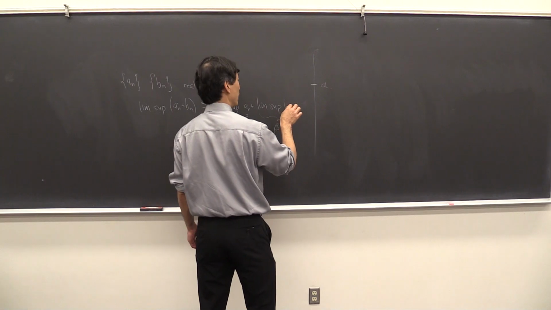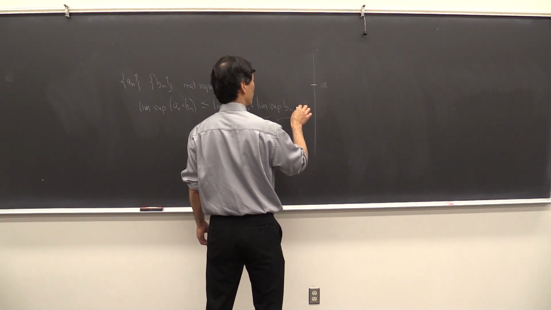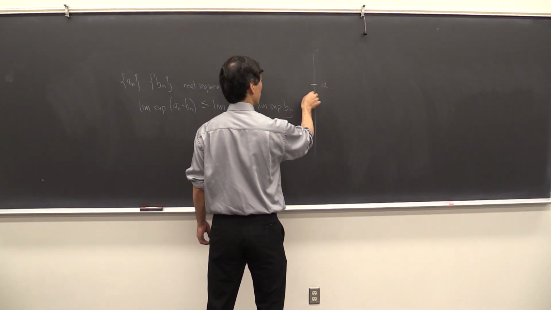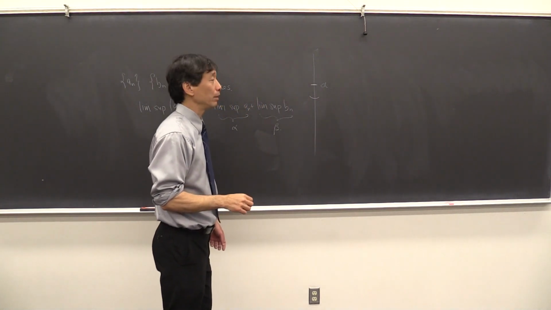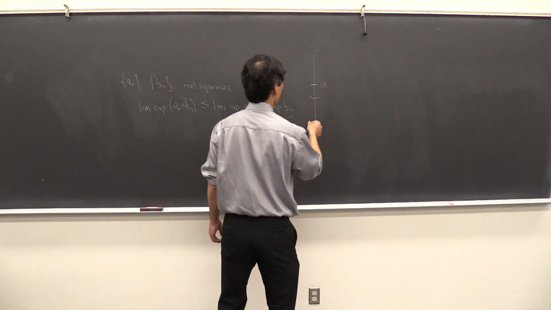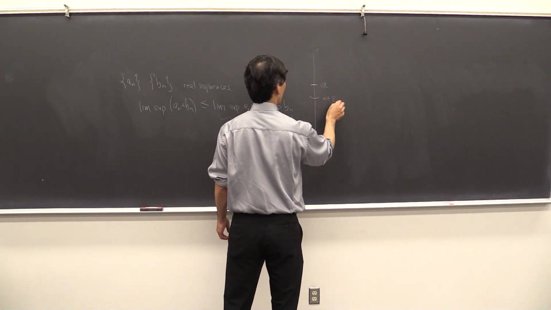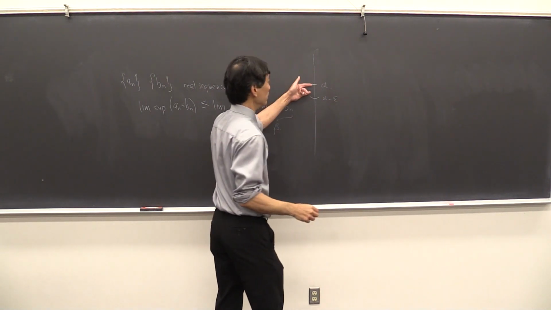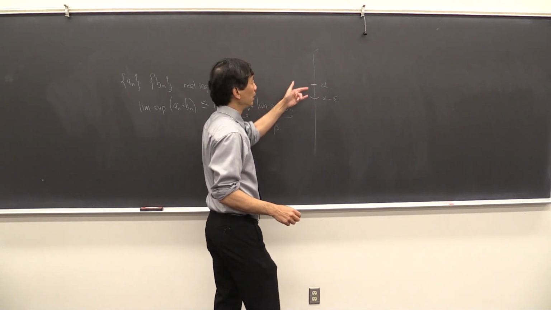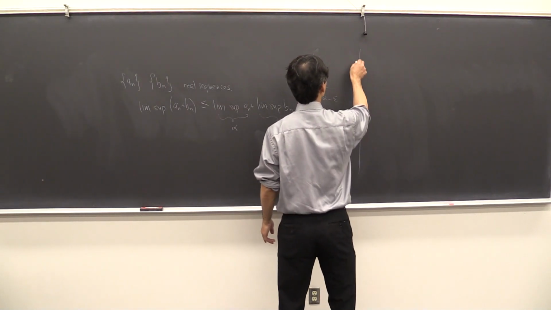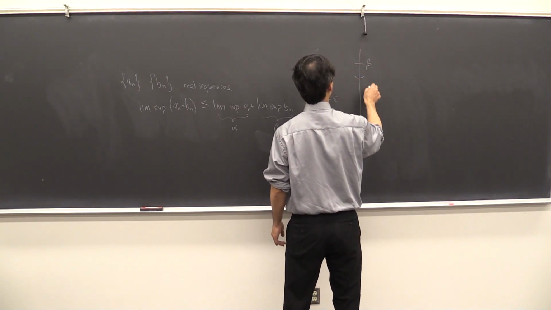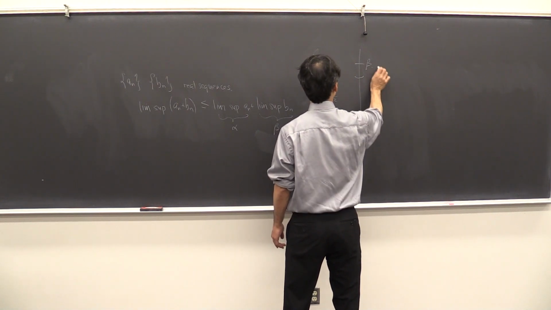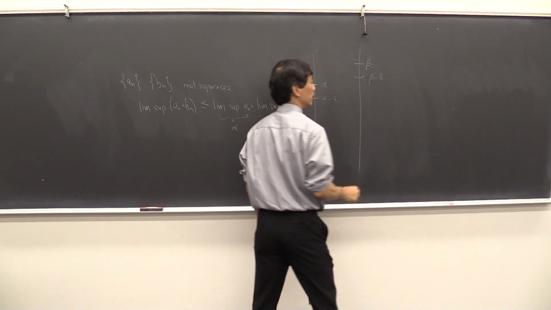Okay. Lim sup, remember, means we have this sort of half-limit idea: given any epsilon, we can find a time past which everybody lies in here. And here's beta: we can find a time past which everybody lies in here.